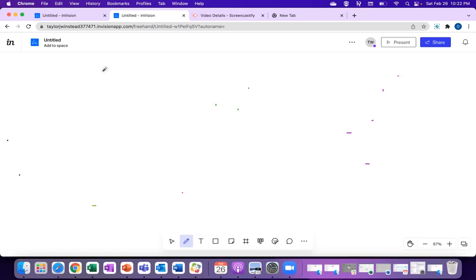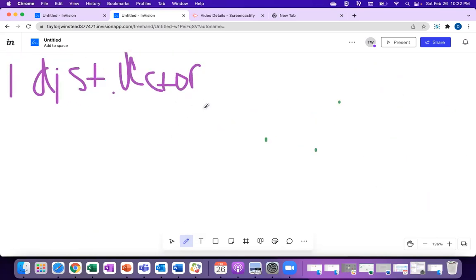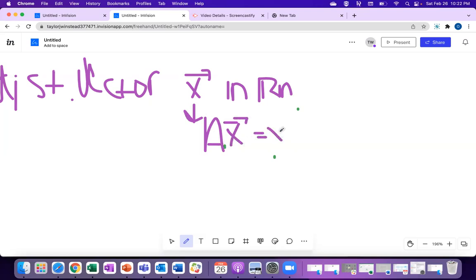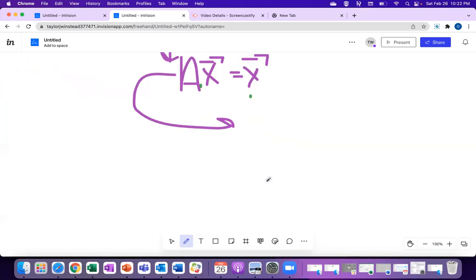There's exactly one distribution vector X in space N such that A times vector X is equal to X. That would be called the equilibrium distribution, also notated as this.